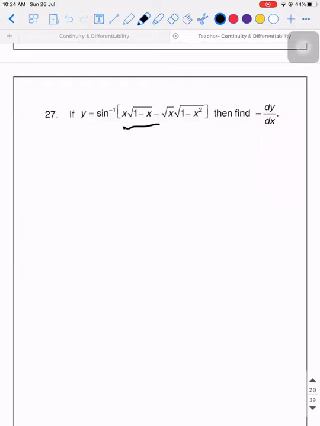How to do this? 27th. Who asked? Rakshana. So who all have solved 27? So others should have solved, no?